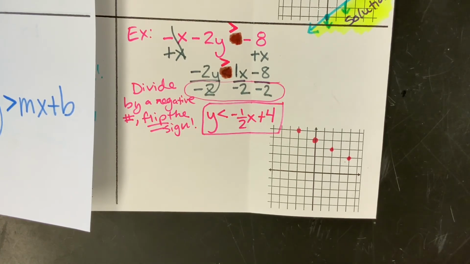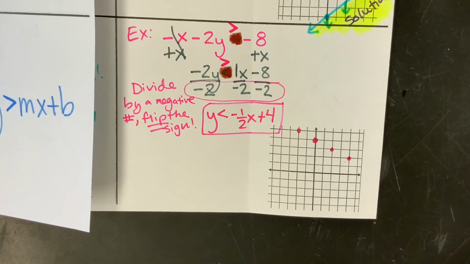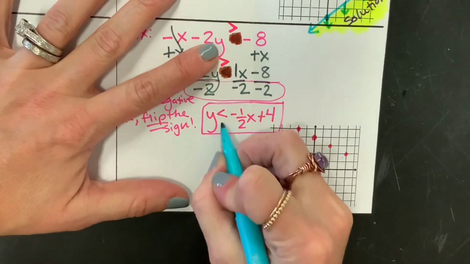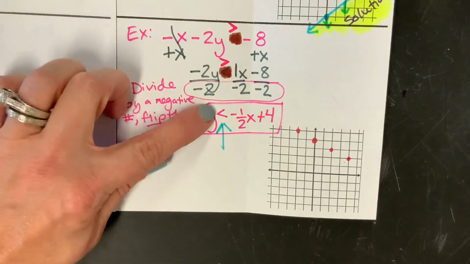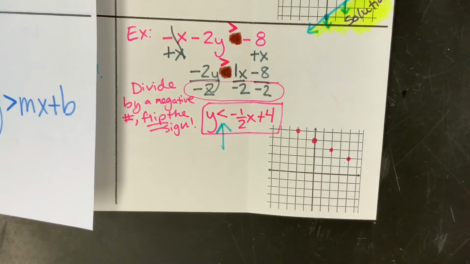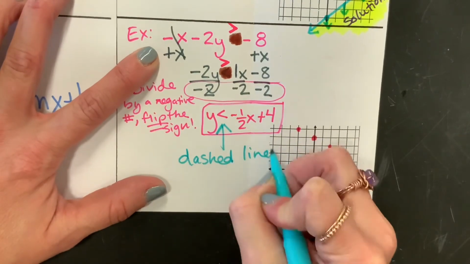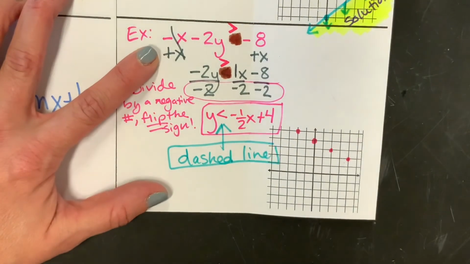Tell me about the line. Is it a solid line? Since it's just less than, it's not or equal to, that is a dashed line. Which way do I shade?